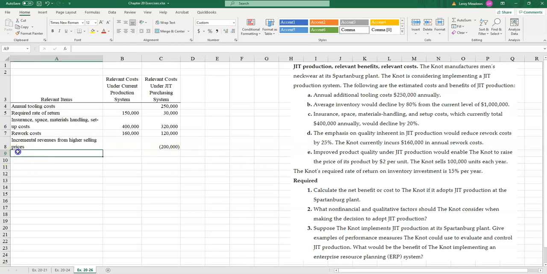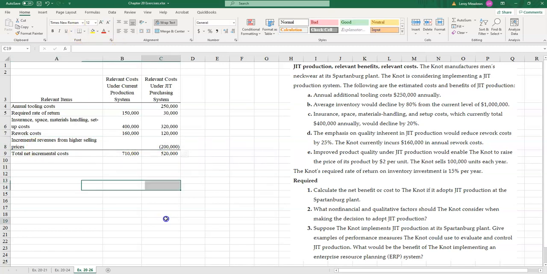So what do we have here? So my total net incremental costs is going to be what? 710,000 under the current system, 520,000 under the new just-in-time system.